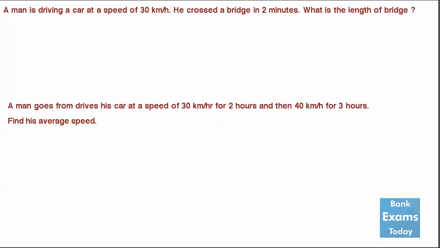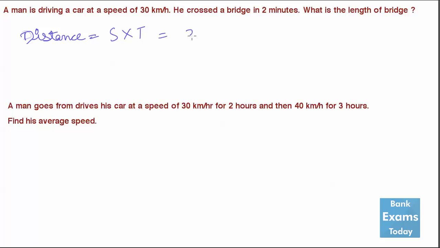Let's do a simple question. A man is driving a car at a speed of 30 kilometers per hour. He crossed a bridge in 2 minutes. What is the length of the bridge? So the simple formula to find the distance is distance is equal to speed multiplied by time.